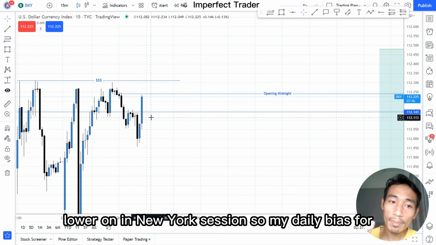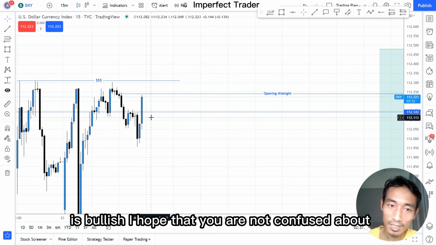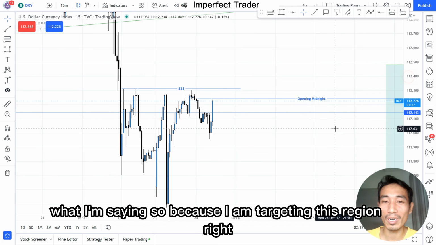My daily bias for USD is bearish, but my bias for USD index in London session is bullish. I hope that you are not confused about what I'm saying.